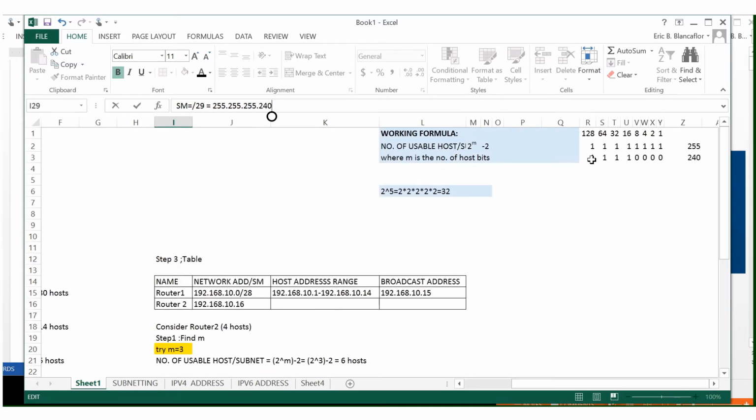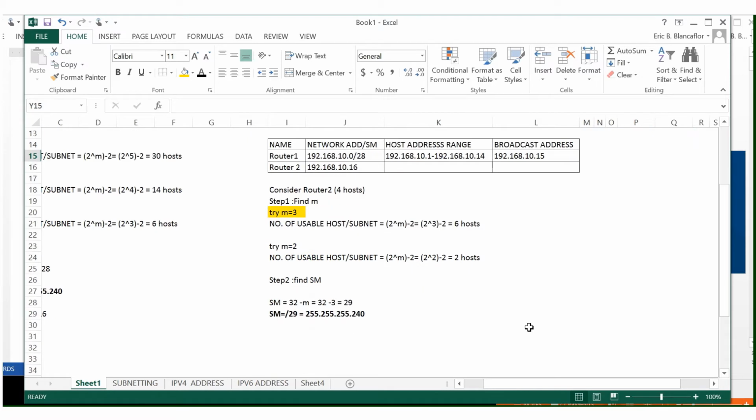There's already 24 ones in 255, 255, 255, so 24, then 25, 26, 27, 28, 29. O yun na, 29 na yon, then 3 zeros na. 3 zeros, there. And what is this in decimal? So, you add all of this, ayan na, up to 8, and you will get 248. So, therefore, yung subnet mask is 255.255.255.248.